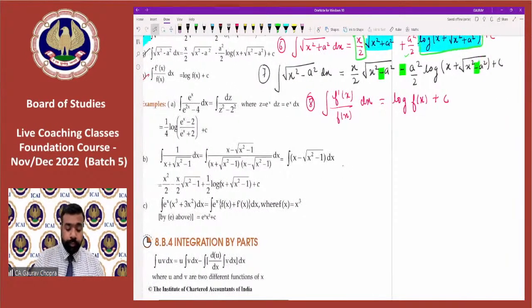Yes. So now we have this question, integration of 1 upon x plus root of x square minus 1.